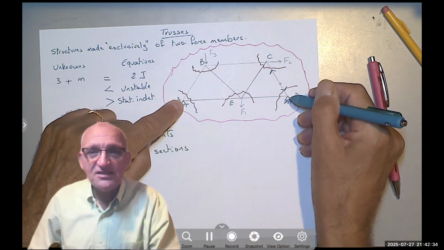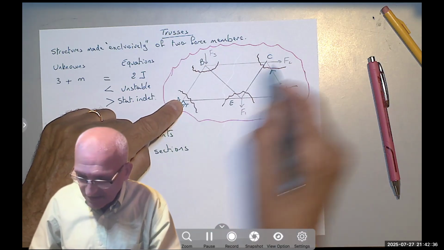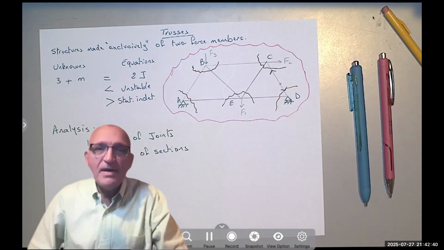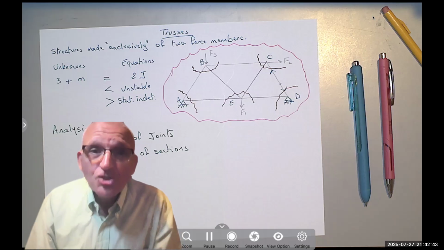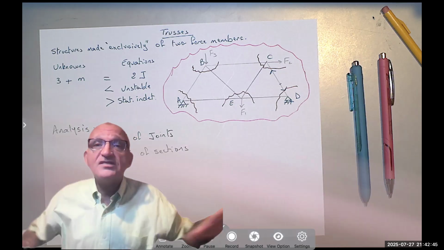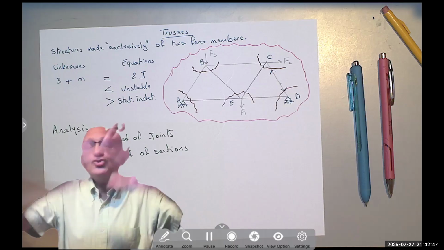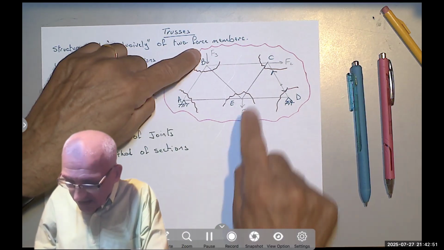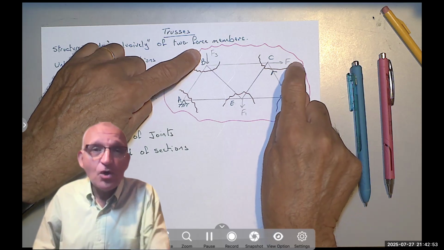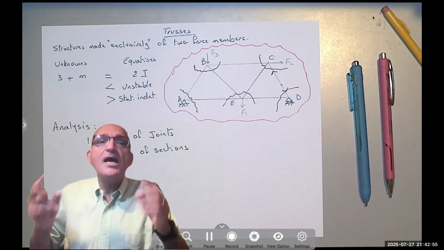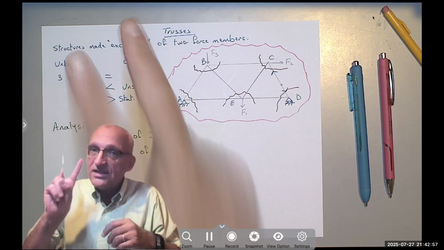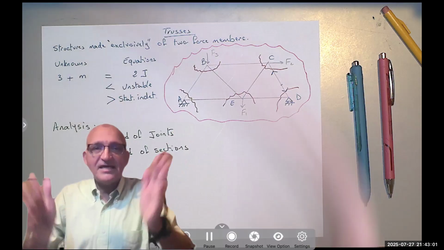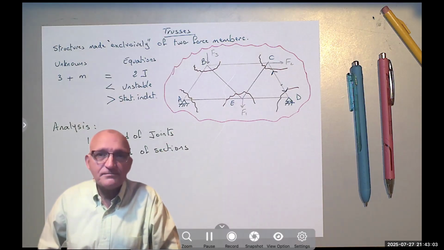They have the same magnitude and the same distance from point A, so they produce zero moment about point A. So all these internal forces are hidden. I assume they don't exist. I only see the external forces. All the internal forces come in pairs. They are equal, opposite, and collinear, meaning they cancel the effect of each other.